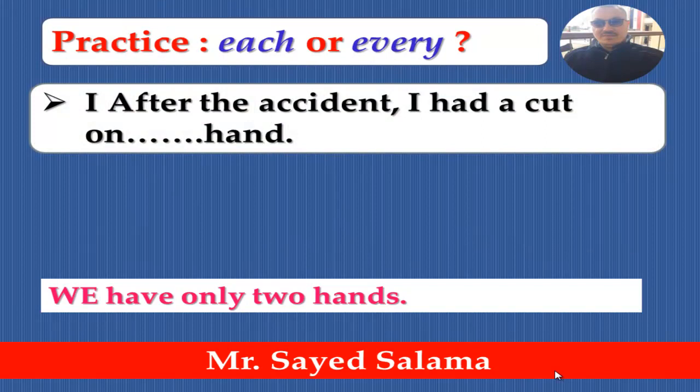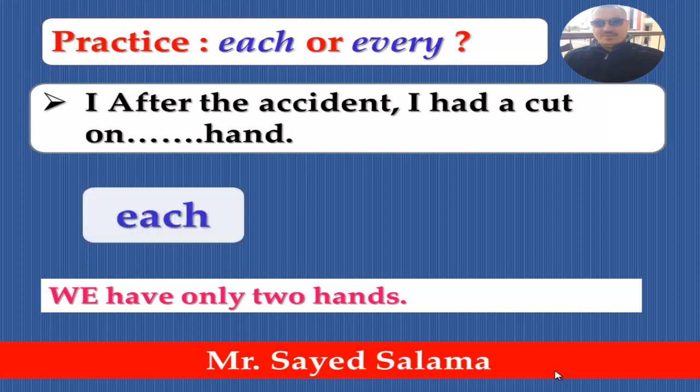The next. After the accident, I had a cut blank. After the accident, I had a cut on both my hands. Right? How many hands have we got? We only have two hands. And since we said only two, we will focus on it. After the accident I had a cut on each hand.